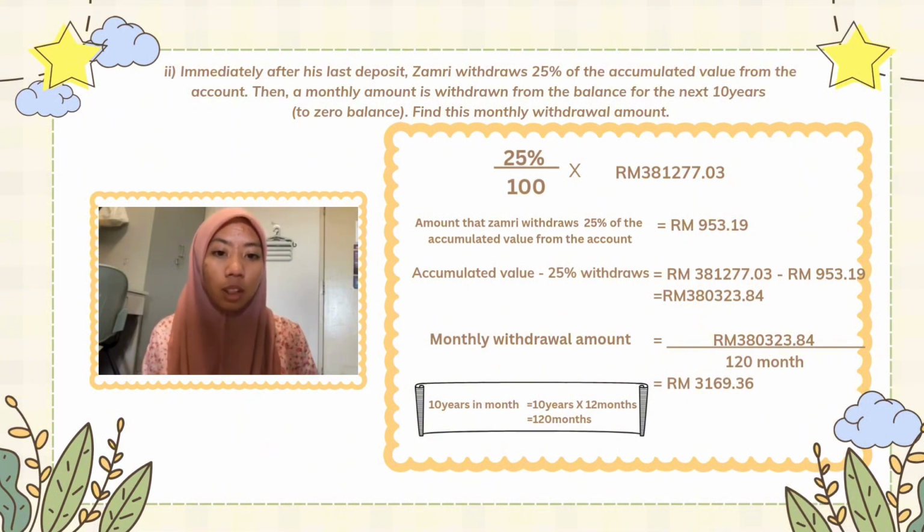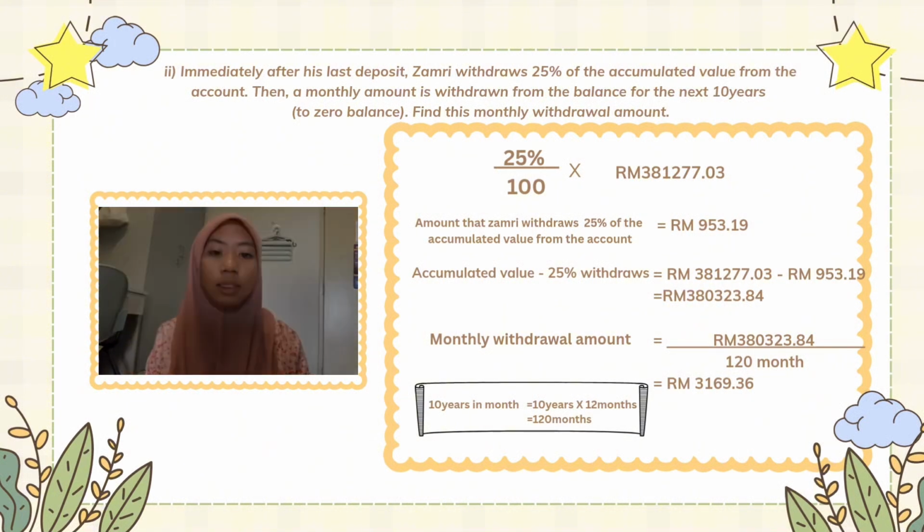So, first we need to find 25% of the accumulated value from the account. 25% divided by 100, then multiply 381,277.03. So we will get the amount is RM953.19.